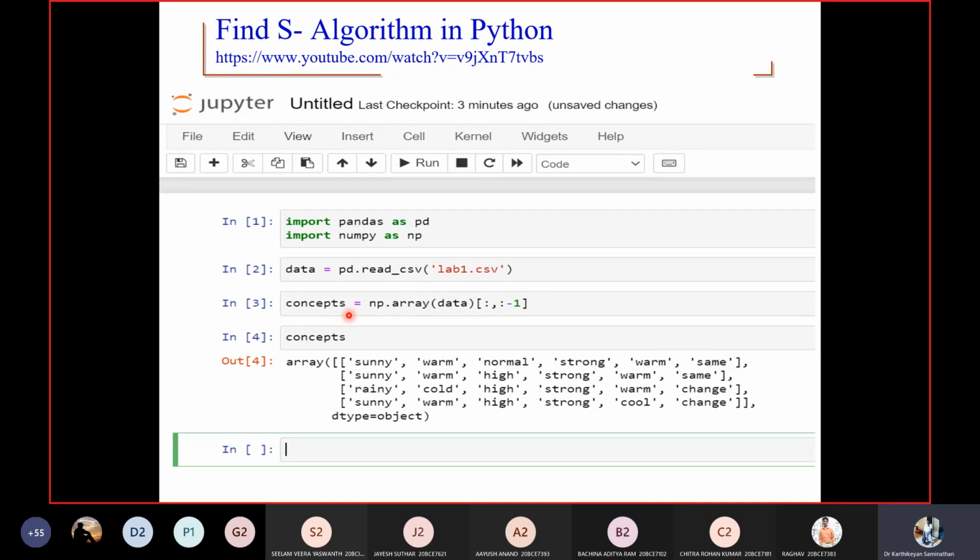Now I am defining the concept. I ran the code and kept a step-by-step output. Because the data set is loaded, now I need to define the concept and the target function. The concept is np.array of data, where np is your NumPy. I am loading from the initial line, line number 0, to the end, but I don't want to use the final column.